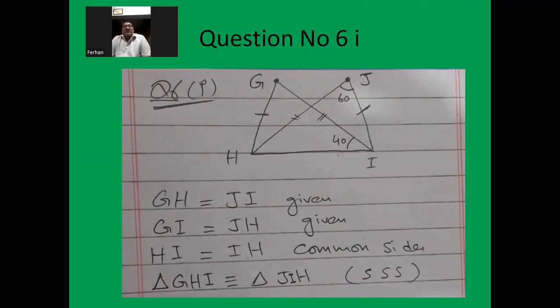GI is equal to JH, it is also given. HI is equal to IH, that's the common side, so that is also equal. So you can say that triangle GHI is congruent to triangle JIH, and the reason is side-side-side.